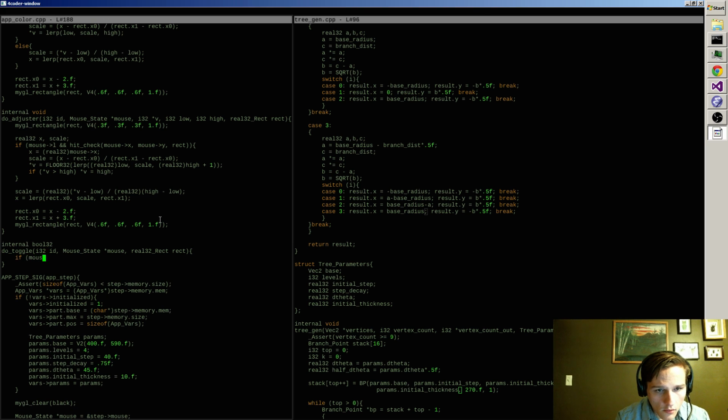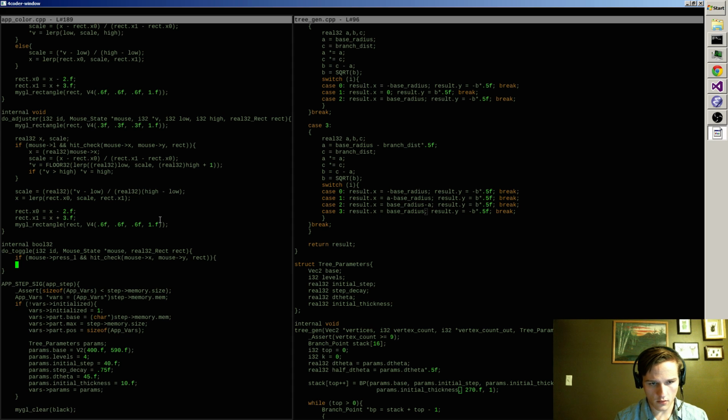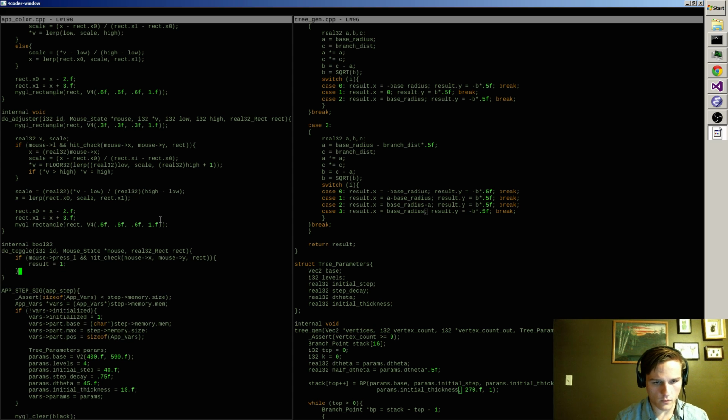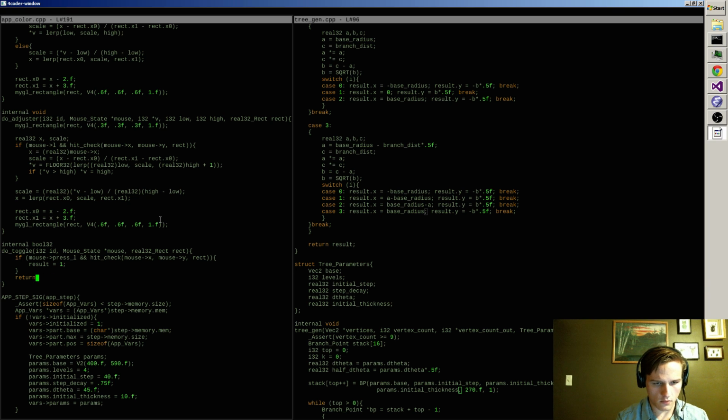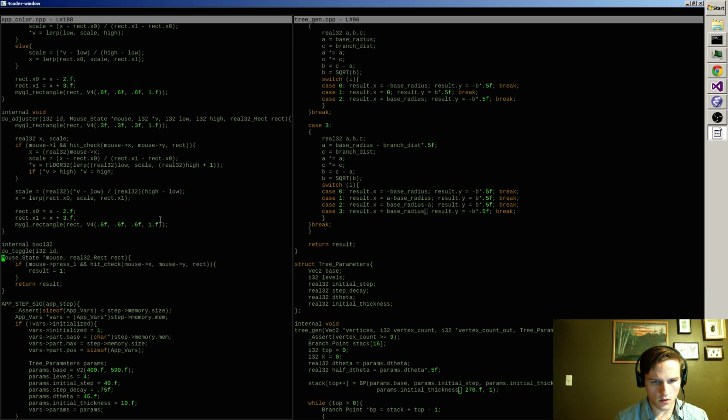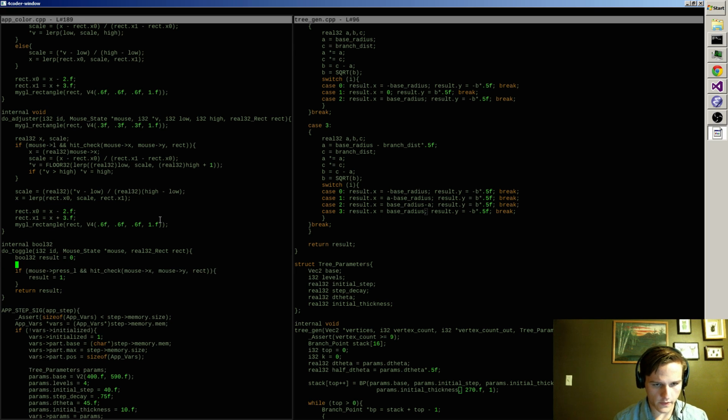If mouse press L and hit check mouse X, mouse Y. Correct. One. Result. Oops. Get an undo in there someday soon. And then a mygl rectangle rect v4.